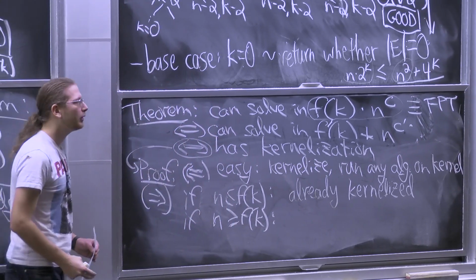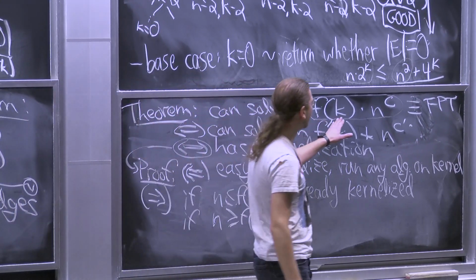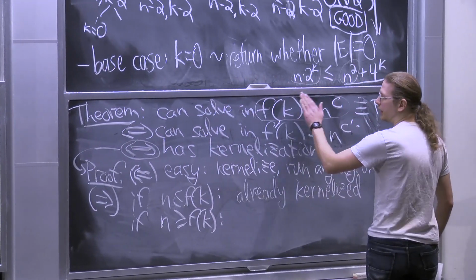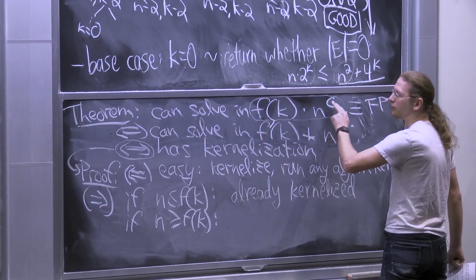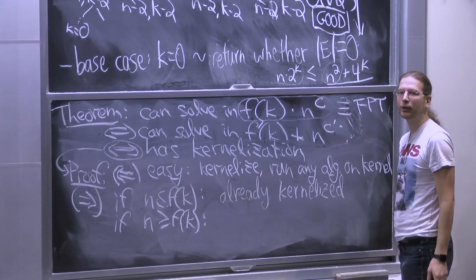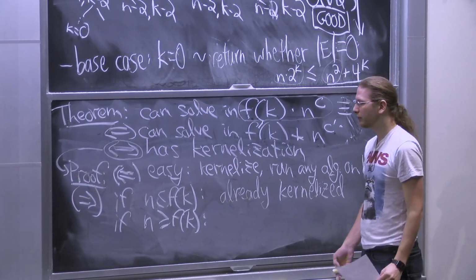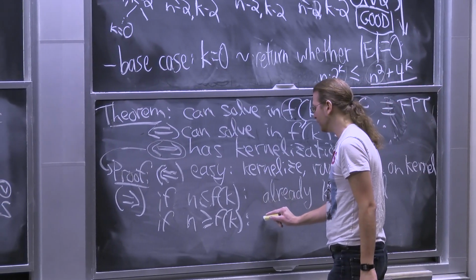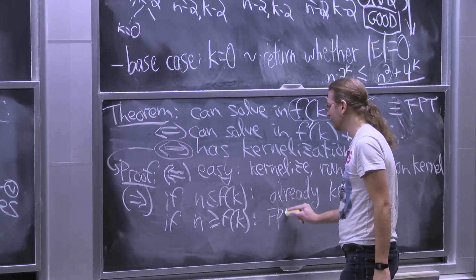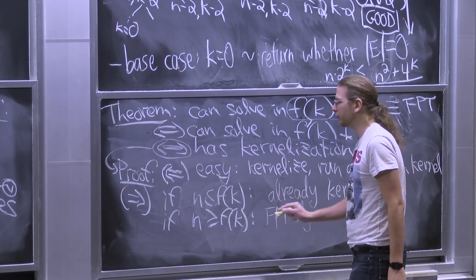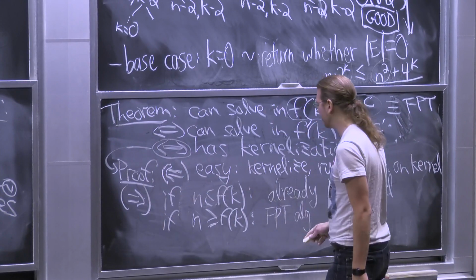What happens here? Well, just like last time, that means that this running time, f of k, is now at most n. That means this running time is at most n to the c plus 1. Right? So that means the FPT algorithm that I'm given, because we're assuming here we're given an FPT algorithm, we want to produce a kernel.